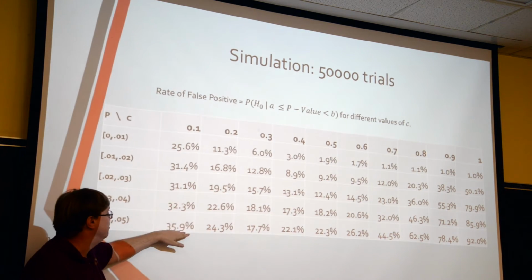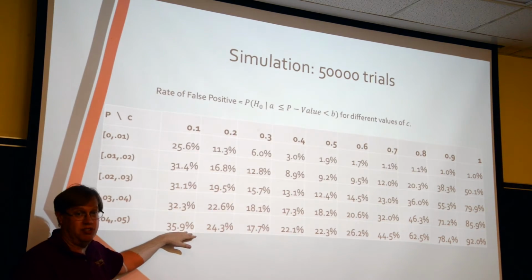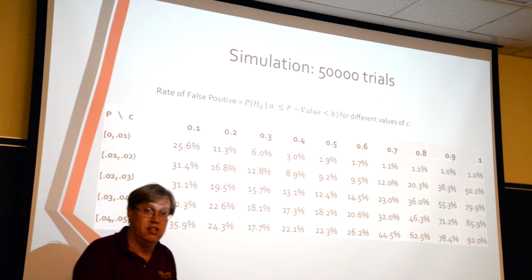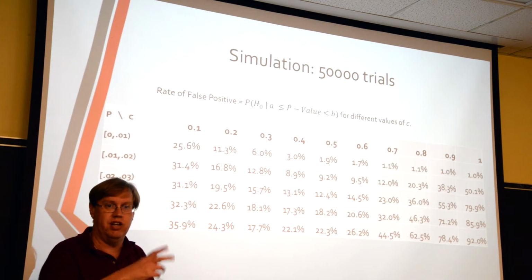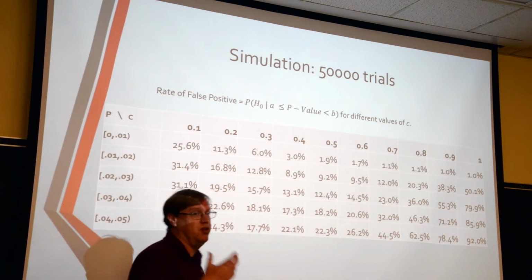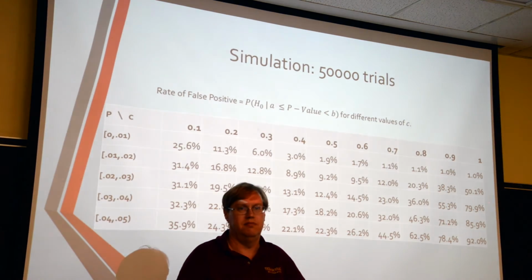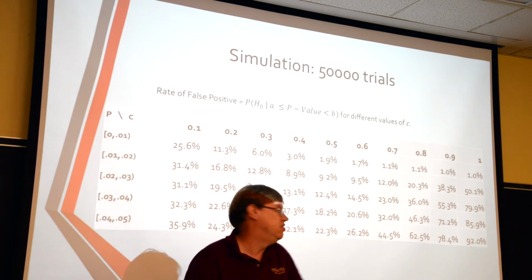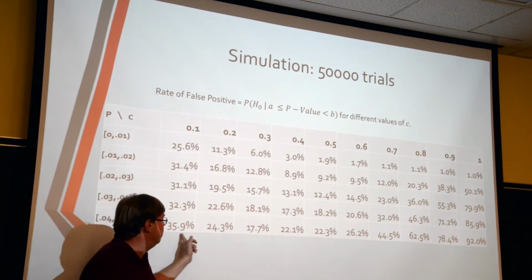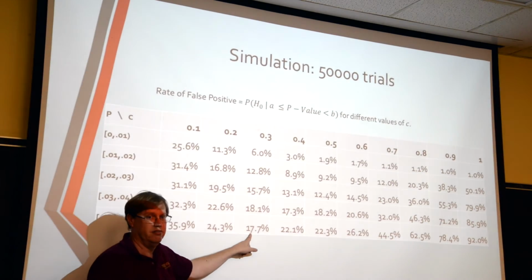So when C is 0.1, we see that about 36% of those that landed there were from the null hypothesis, and the rest, 64%, were from the alternative hypothesis. So you might think alpha is 0.05, this should be 5%, but it's not 5%. It's 36%.